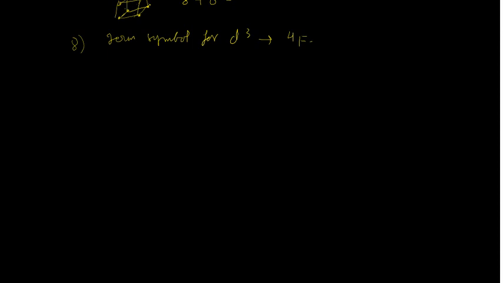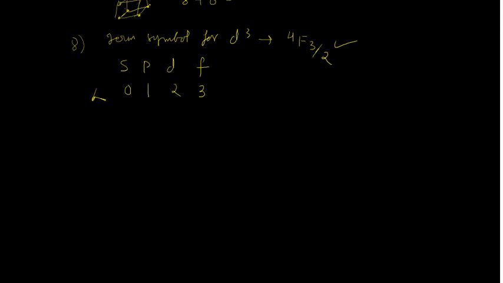Okay, and how can we calculate this one? You are having S, P, D and F, and you are having the L values, that is 0, 1, 2, 3. And this is how you can write.